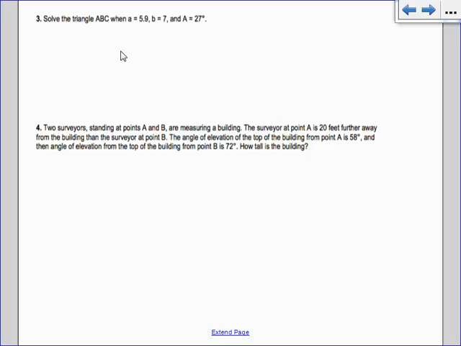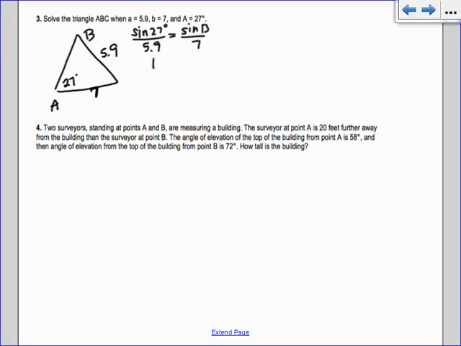So number 3, it says solve the triangle when a is equal to 5.9, b is equal to 7, and angle A is 27. Okay, so we're going through and we're solving this problem. So we have sine of 27 over 5.9 equals sine of B over 7.